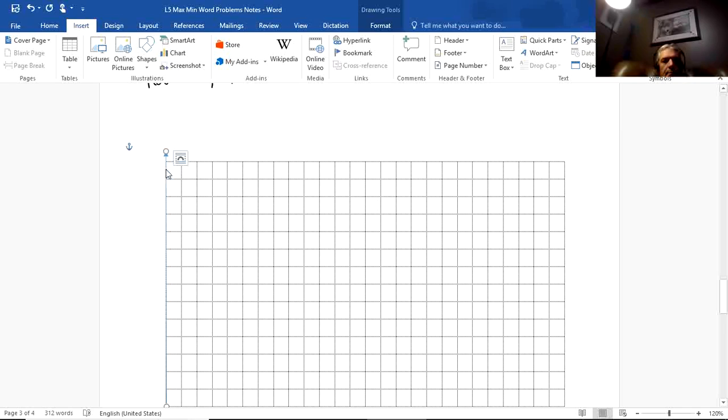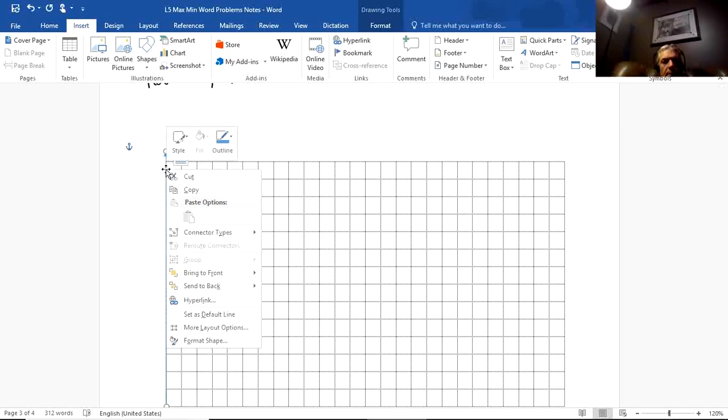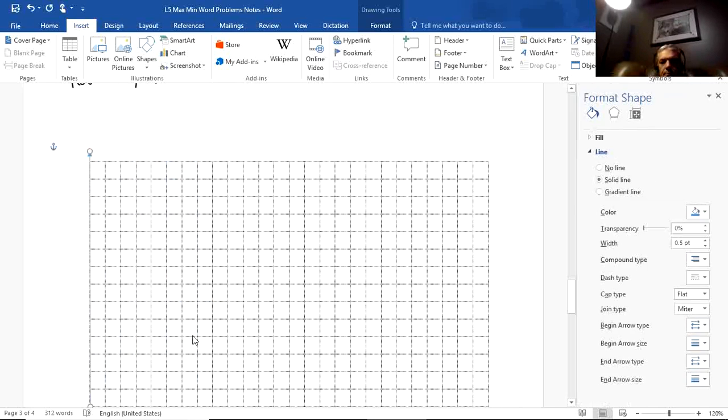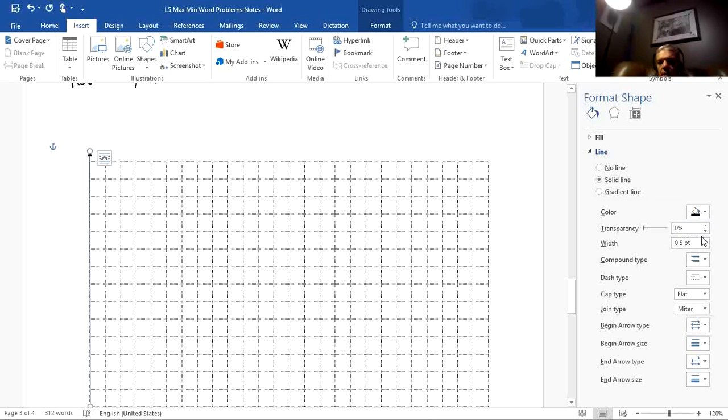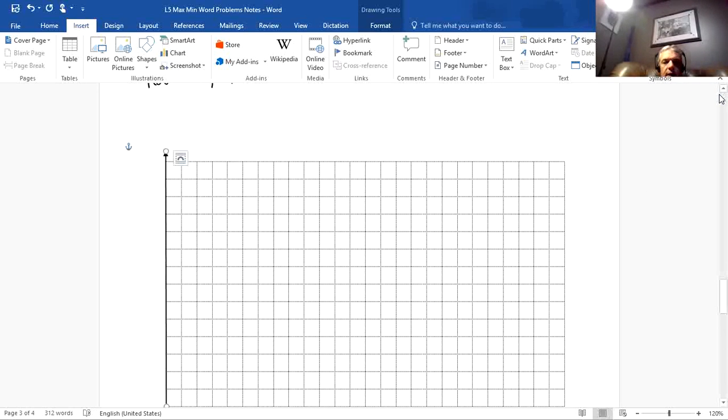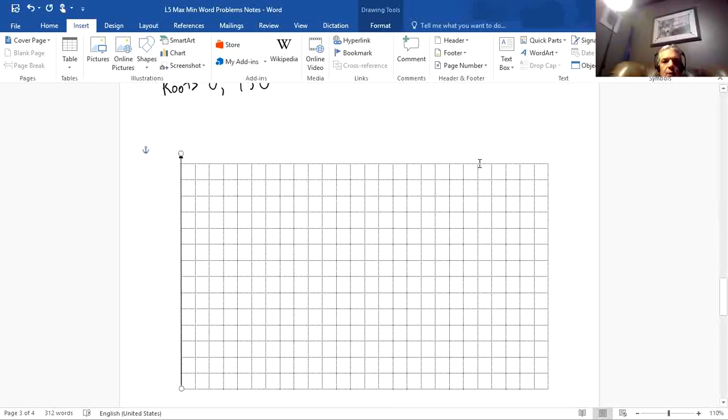So if I format my shape, fill color over here, I'm going to make it black, and maybe I'll even increase it to 1 point, okay? And now that can be closed off, and I'm back to here, okay? I'm going to make this just a tiny bit smaller. I'm going to repeat this again and do the x-axis the same way, okay? So I'm going to draw it along here.